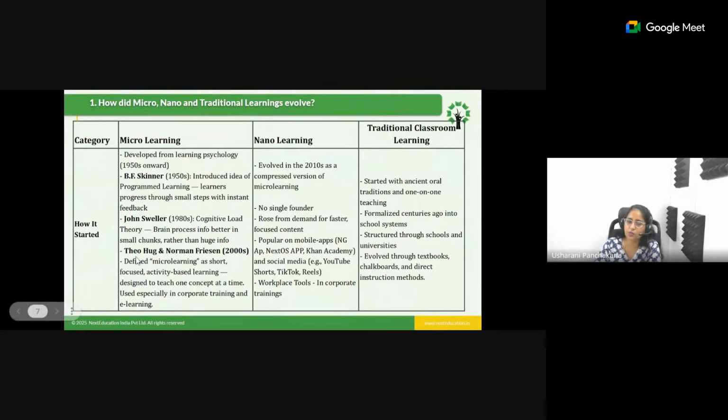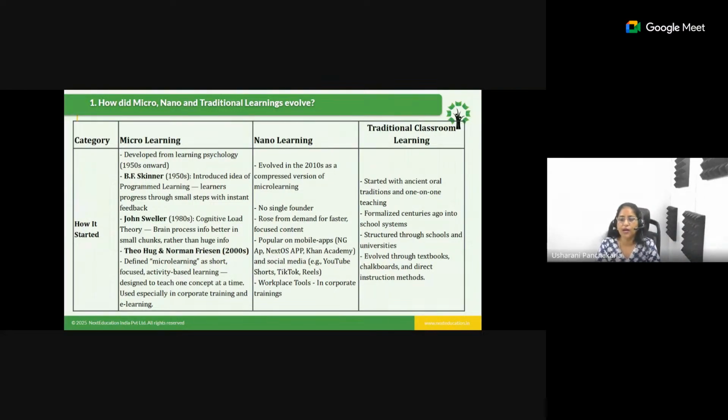Now coming to the last one, Theo Hug and Norman Friesen in the 2000s. They defined micro learning as short, focused, activity-based learning designed to teach one concept at a time, and it is mainly used in e-learning tools in corporate training. Like e-learning, they would be giving PPTs so that people get exposed to the content.